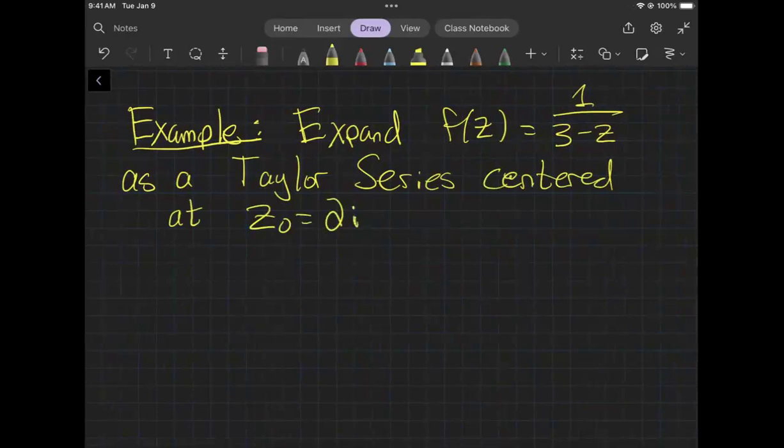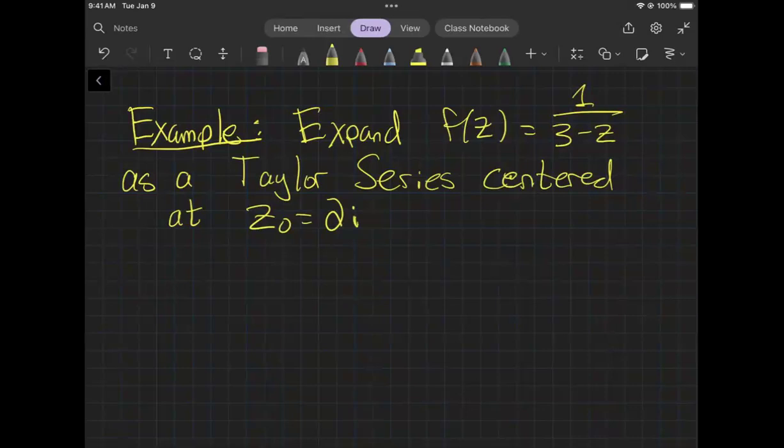Okay, I want you to work on this example as well. Try to formulate a Taylor series for f of z equals 1 over 3 minus z at the point z naught is 2i. So try to work on that example.